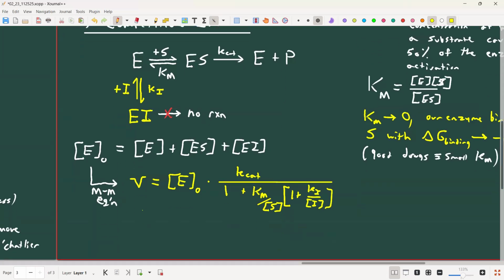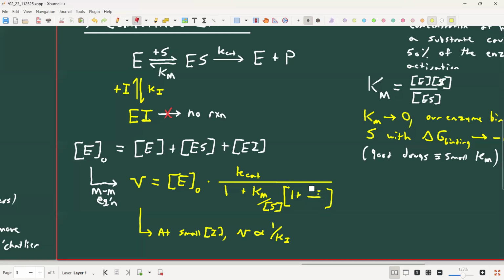So what we can see is that at small concentrations of the inhibitor, the rate is proportional to 1 over the rate constant of the inhibitor. Oh, I have this flipped. I'm sorry, guys. I have the I and the Ki flipped.